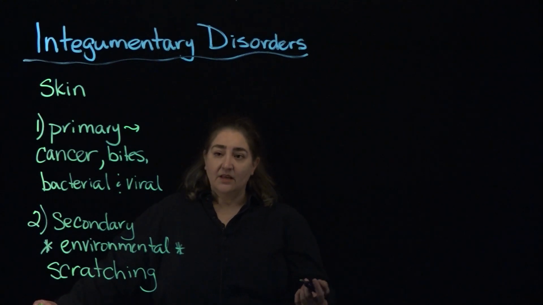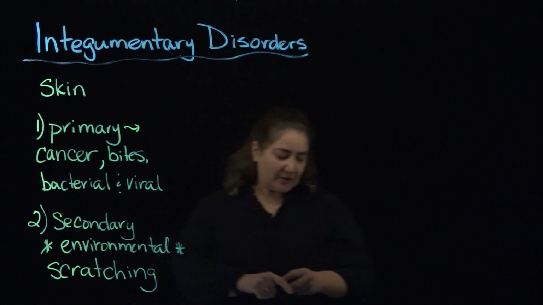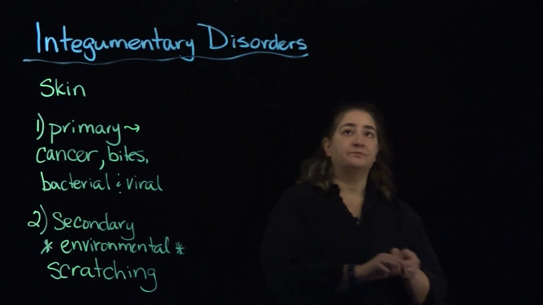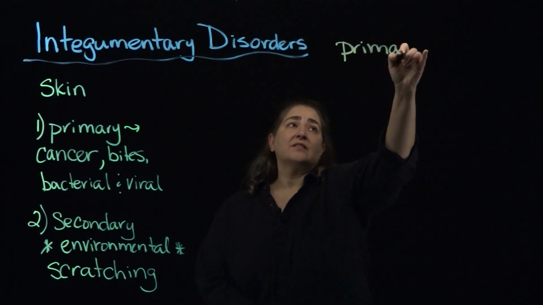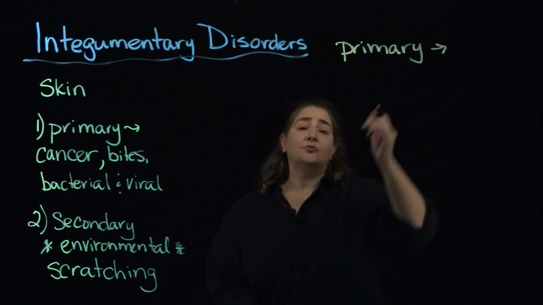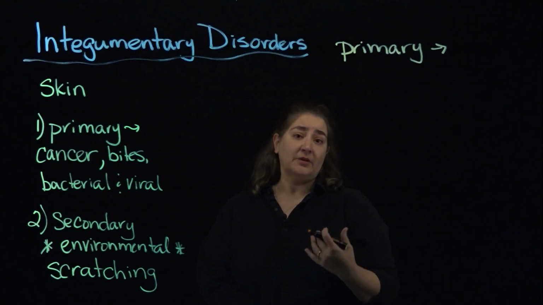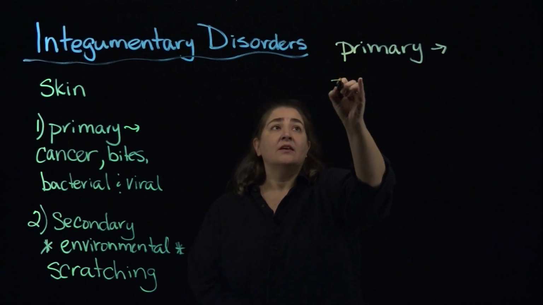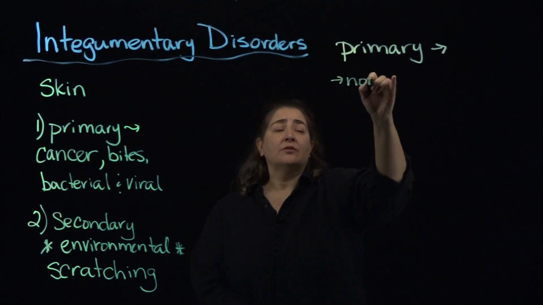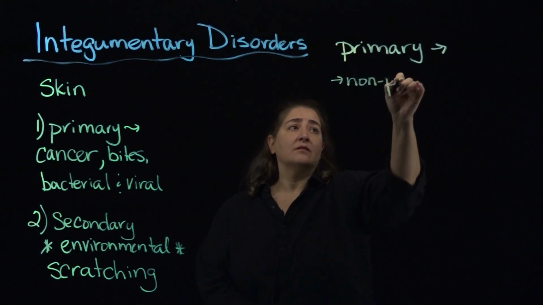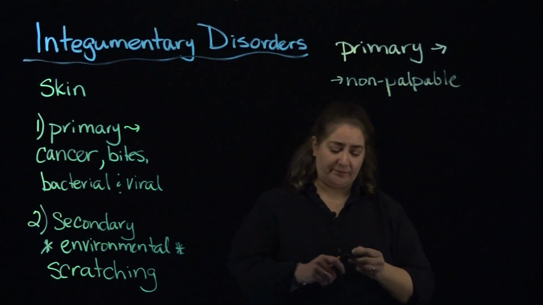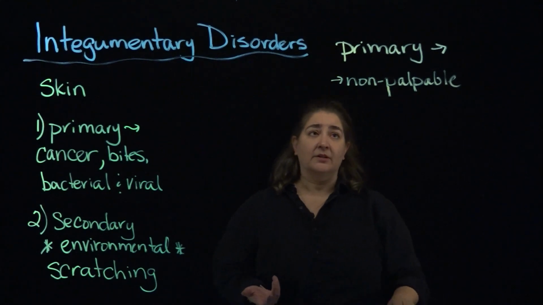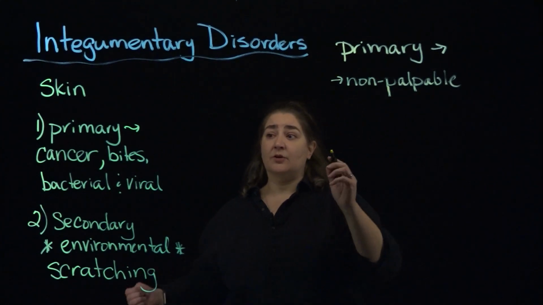With our primary lesions, there are going to be a couple of classifications that you would use in order to diagnose the primary lesion. The primary lesion will either be non-palpable, meaning you can't feel it. I'm going to switch markers because the orange is not working so well.